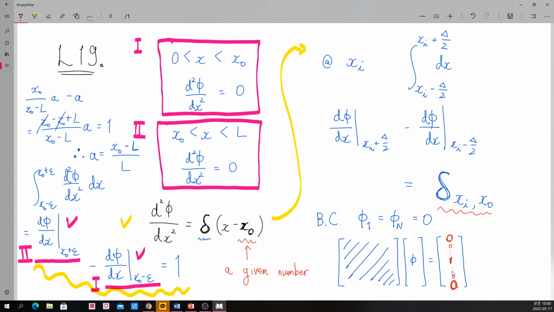All of you, please confirm that you have understood this discretized form. Without any modification, you will get the matrix system for your Green function phi, here written as phi. Obviously, we will later introduce a different notation, but for a while, just treat phi as a solution variable.